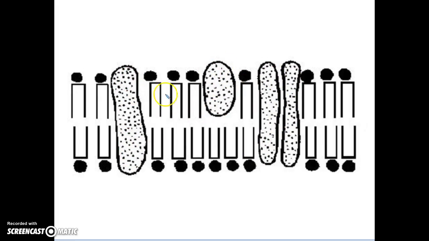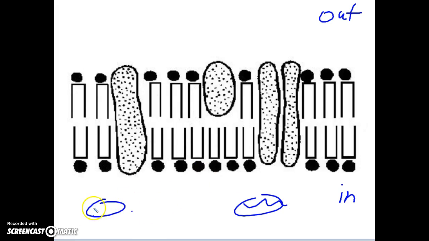These are proteins, and they can be transmembrane, which means they cross the membrane, or they can just be sitting out on one side. So let's say this is the outside of the cell and this is the inside of the cell. The organelles would be all in here. So, you know, your mitochondria, your chloroplast if it's a plant cell, your vacuoles, your ribosomes, your endoplasmic reticulum, all of those things would be in here.